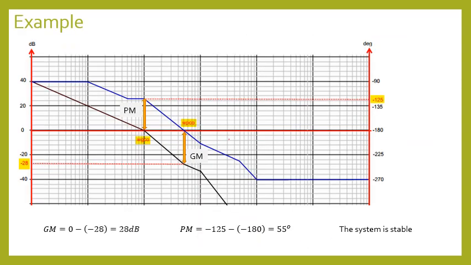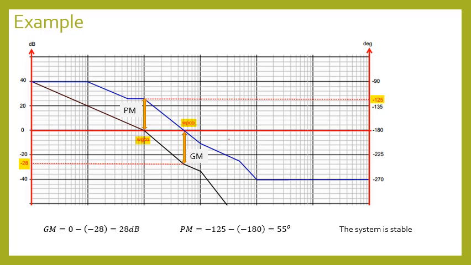Let us look at an example. I have plotted a Bode diagram for a system where the black line is the magnitude plot and the blue line is the phase plot. First, let us determine the gain margin value.